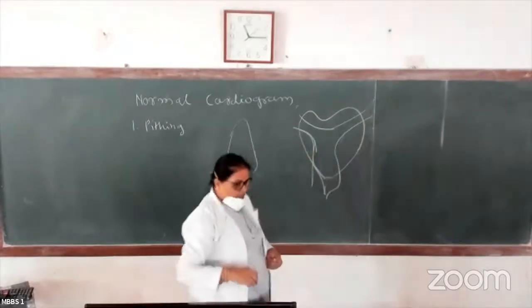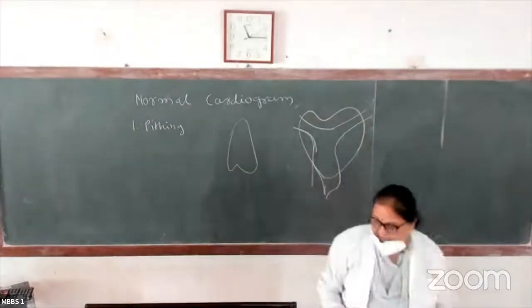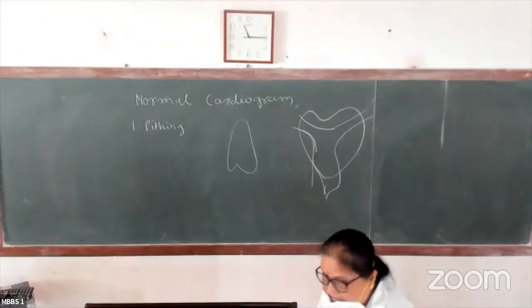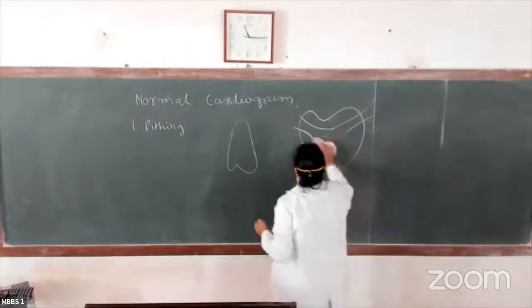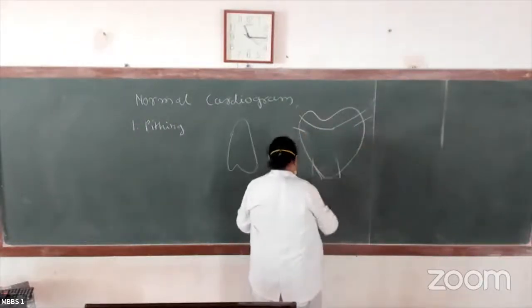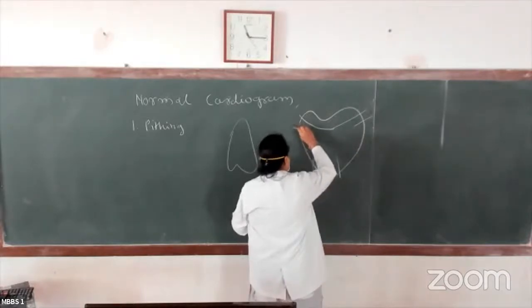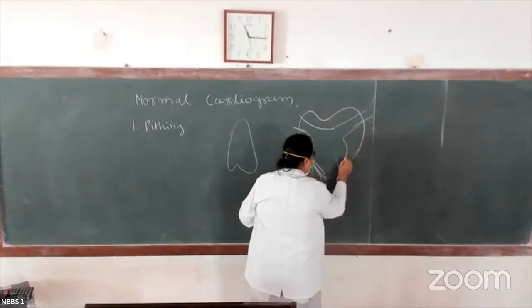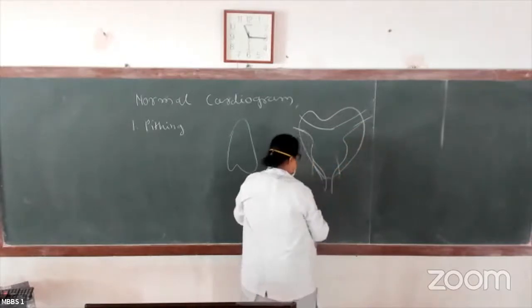In human beings, there are 4 chambers, 2 atria and 2 ventricles, and in the frog there are 3 chambers, 2 atria and 1 ventricle. This is the dorsal aspect of the heart of the frog. This is the sinus venosus, which is the pacemaker in the frog.